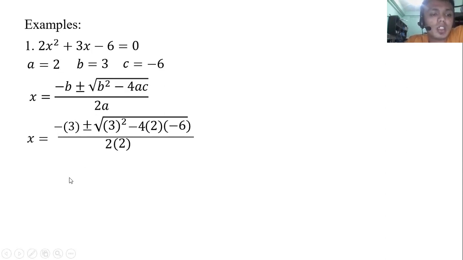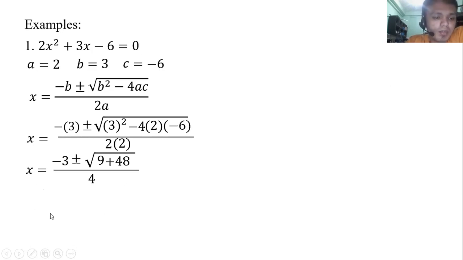Negative times 3 is negative 3 plus or minus the square root of 3 squared, which is 9. Negative 4 times 2 times negative 6 is positive 48, all over 2 times 2, which is 4. Negative 3 plus or minus the square root of 9 plus 48, we have 57, all over 4.